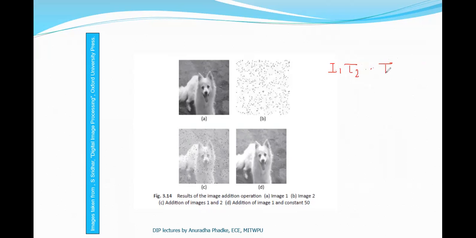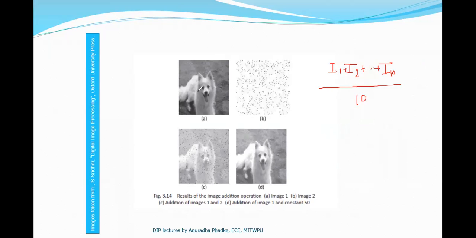Then we take the average of these 10 images by pixel addition. We add I1 plus I2 plus I3 up to I10, all these 10 images of the same object, and then divide by 10 to get an image where noise is removed.